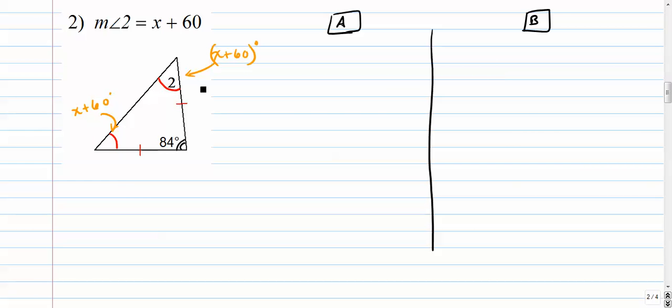So now we just use the triangle sum theorem that tells us that x plus 60 plus x plus 60 plus 84 equals a whole triangle, which is 180. Combine like terms, x and x is 2x, 60 and 60 is 120, plus 84 is 204.